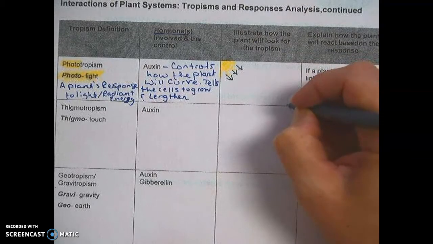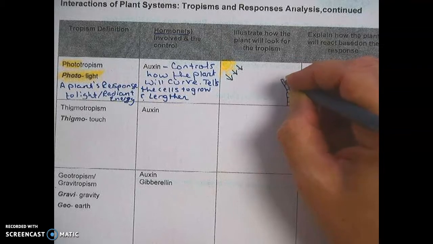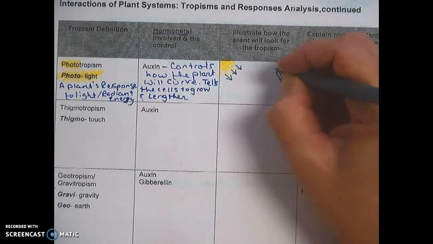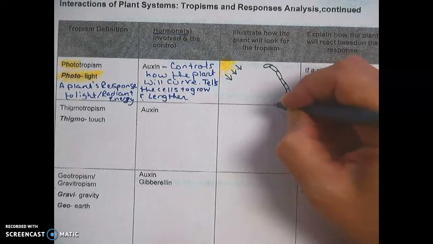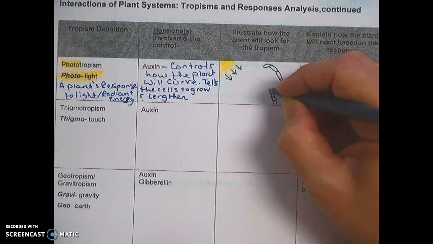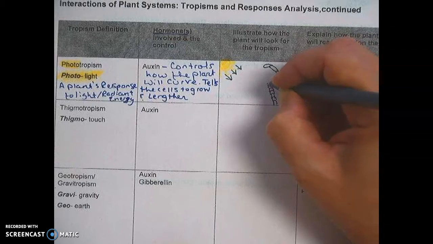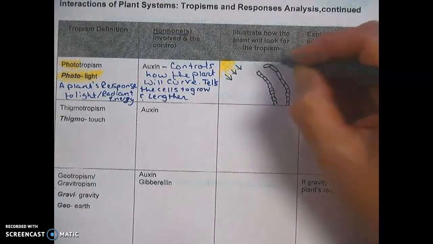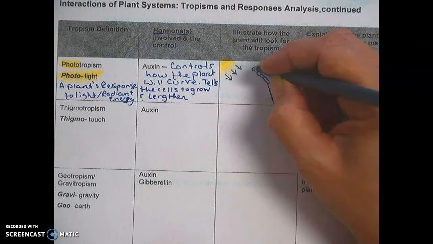So then what my plant cells would do, they would actually get longer on this side as it's bending, and these ones would not be as long, but my plant would be bending.